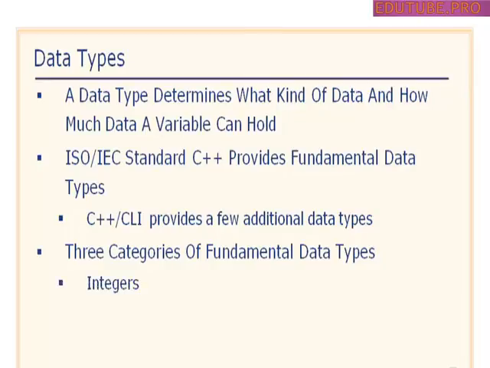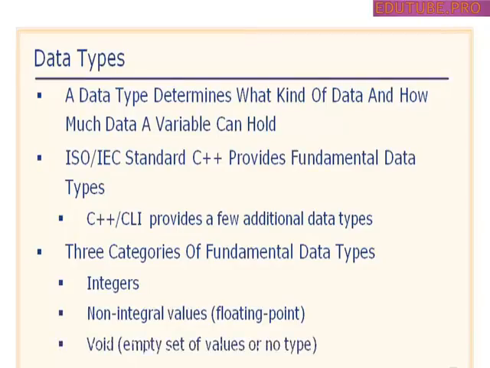Integers, and these are whole numbers, right? Non-fractional numbers, positive or negative. Then there's non-integral values, and in English that means floating point or decimal numbers or fractional numbers. And then there's void. Now we won't go into void in these 2 videos, but just understand that void means there's an empty set of values or no type has been assigned at all. It just means nothing's there.